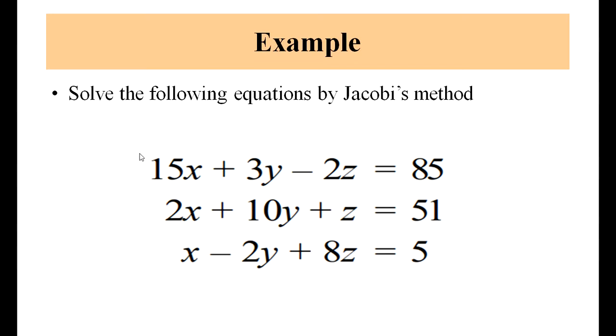Here we have to check that the diagonal elements are greater than the summation of the respective other elements. 15 is greater than 3 plus 2, that is 5. 10 is greater than 2 plus 1, that is 3. And 8 is greater than 1 plus 2, that is 3. So that's why we can solve these equations by the Jacobi iteration method.